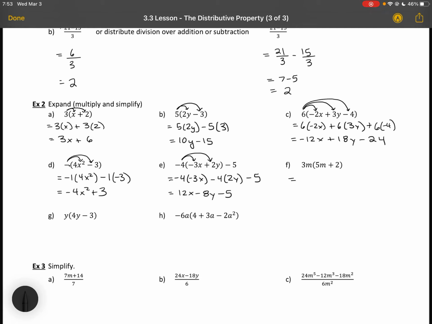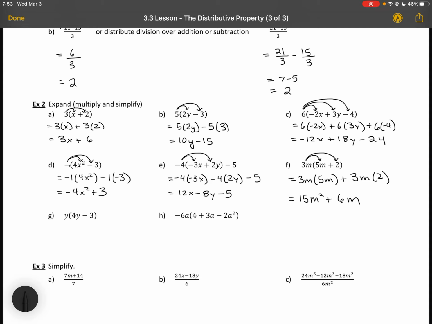Now I've got an expression that has a variable on the outside as well. My approach doesn't change. I still need to multiply it by everything inside the brackets. So I've got 3m times 5m plus 3m times 2, which is going to give me a final answer of 15m squared plus 6m.